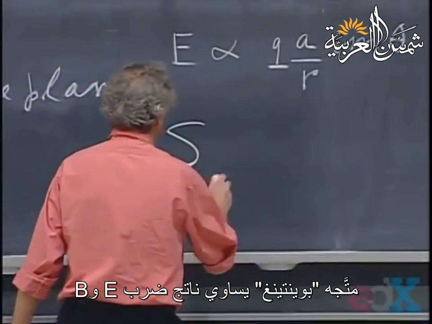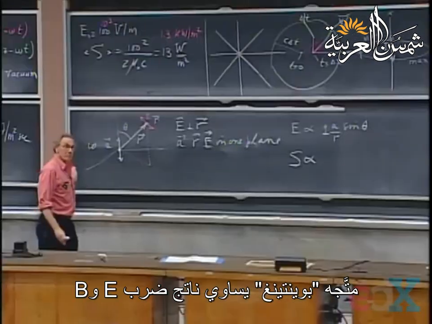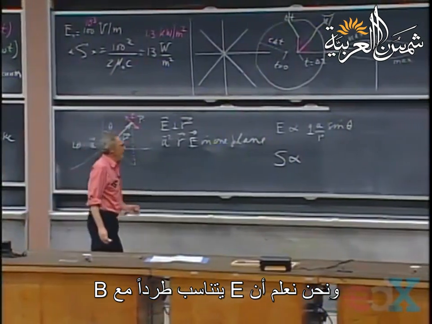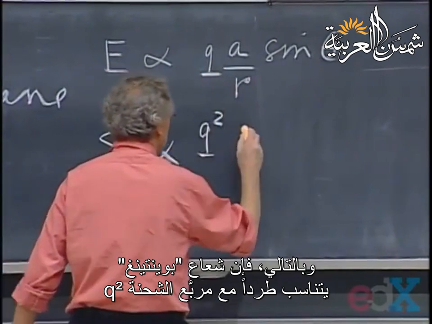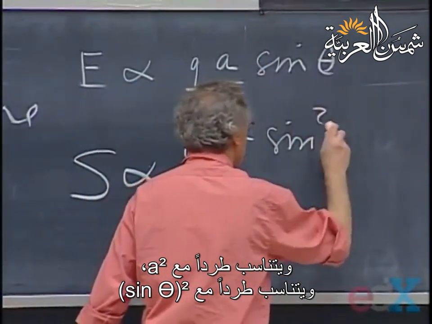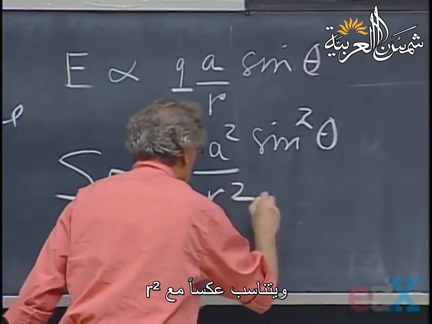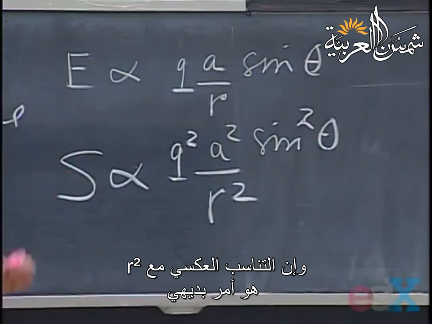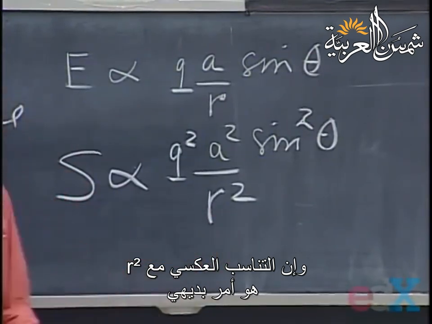And the Poynting vector, which is the product of E and B, but E is always proportional to B. So the Poynting vector then is proportional to Q squared, proportional to A squared, proportional to the sine squared of theta, and inversely proportional with R squared. And that is obvious that it has to be inversely proportional with R squared.